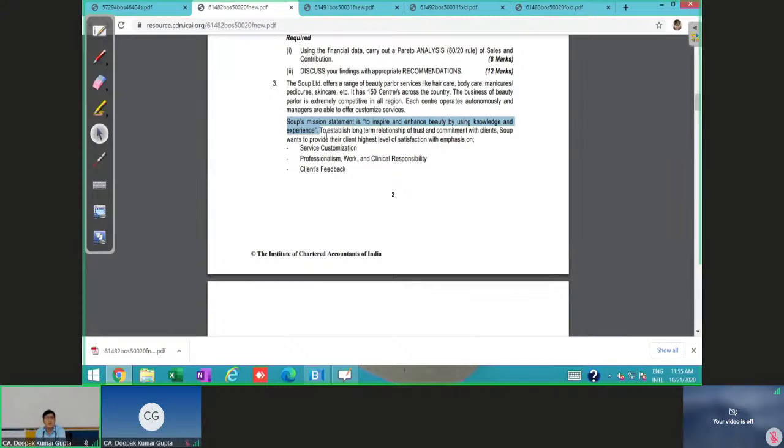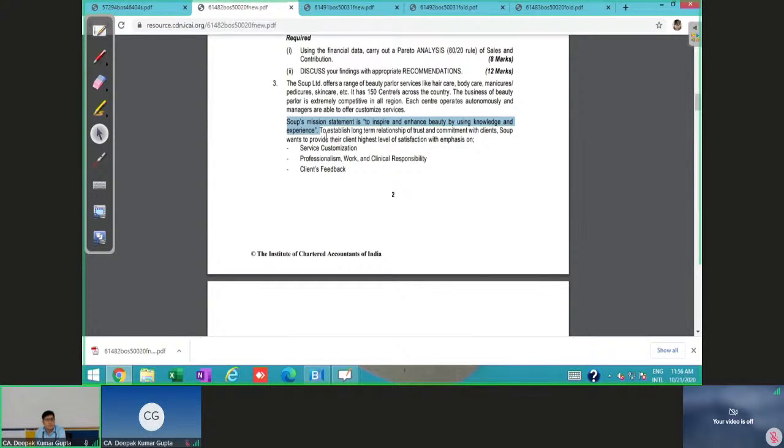Mission statement determines its goals. Goals are unquantified. Goals determine its objectives, then objectives set its KPIs. Therefore, it is very important to gain an understanding of the mission and vision statement of an organization when doing a particular question or case study.